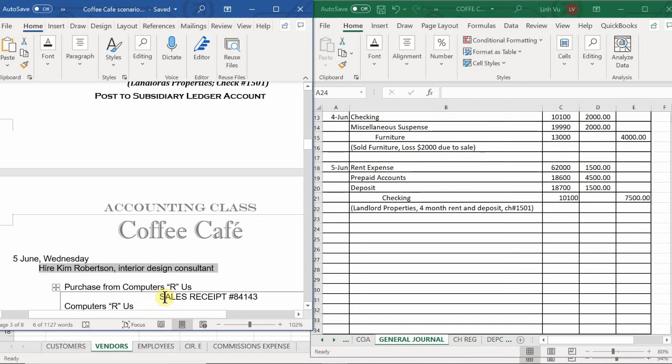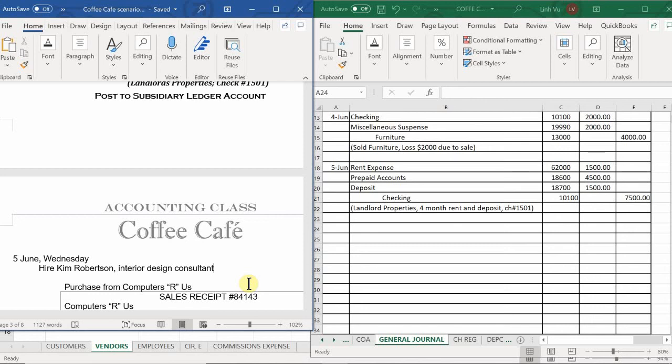Now, this independent contractor, what is their job? It's to design the place. So we hired Kim Robinson to look at the place and give us an idea. That's what consulting does for interior designing.